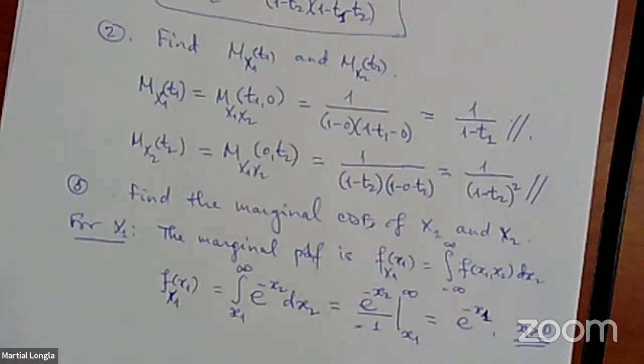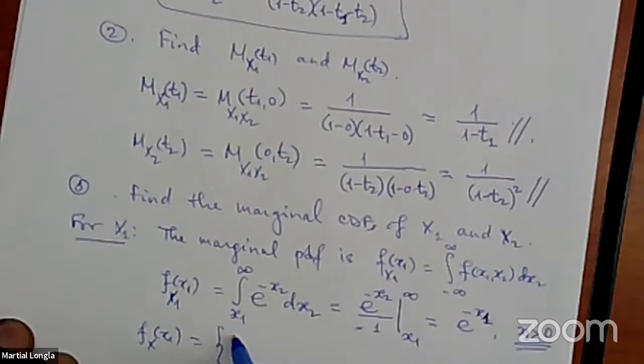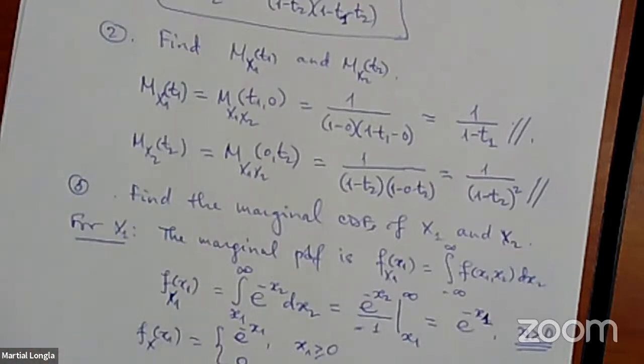So this density is therefore equal to e to negative x1 for x1 positive and 0 for x1 less than 0, because there's no value of x1 below 0.